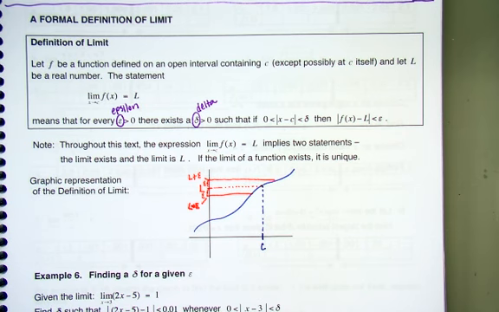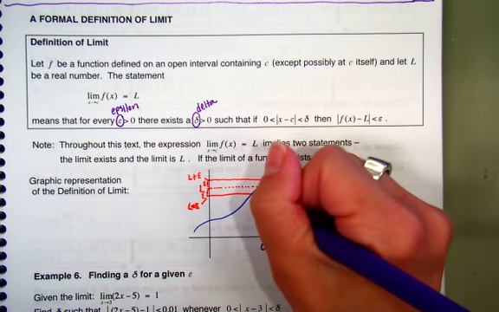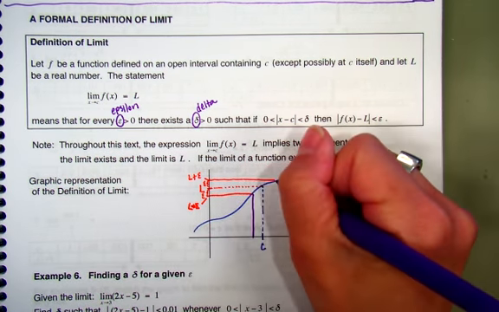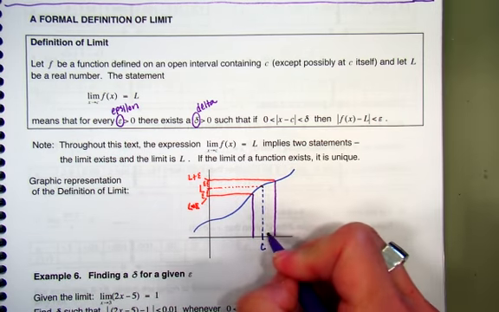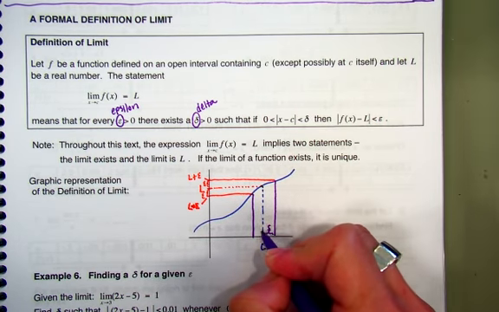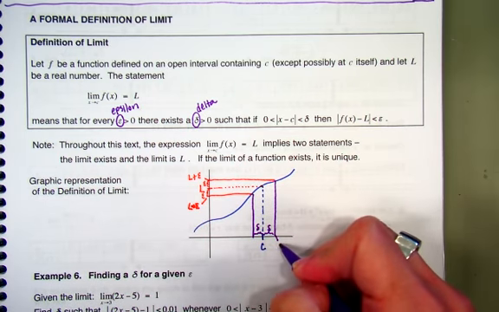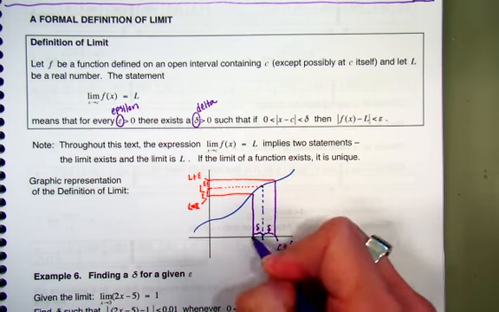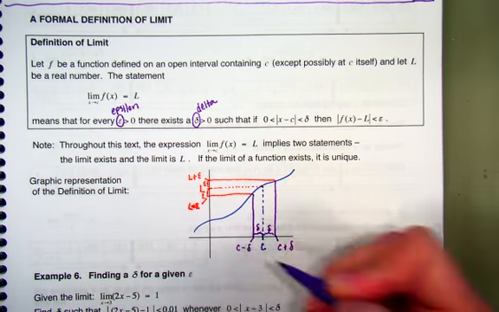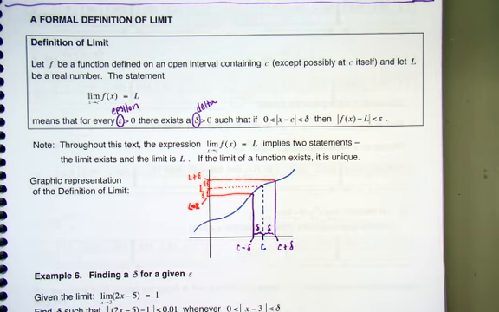So again, does that make sense? For this epsilon value that they give you in the problem, there are going to be these corresponding delta values down here. This little cursive d is my delta. So this point here would be c plus delta, and this point right here would be c minus delta, and that creates my delta band.